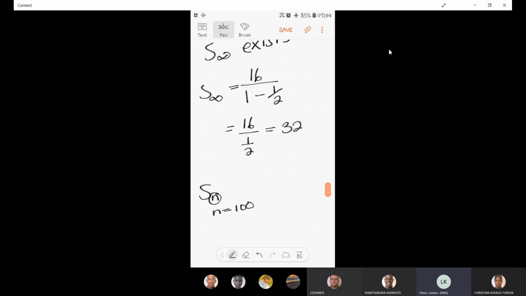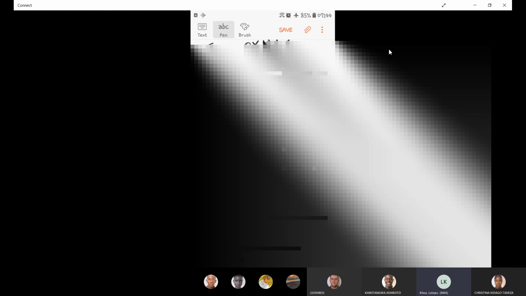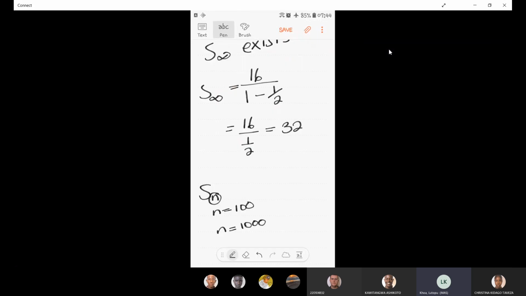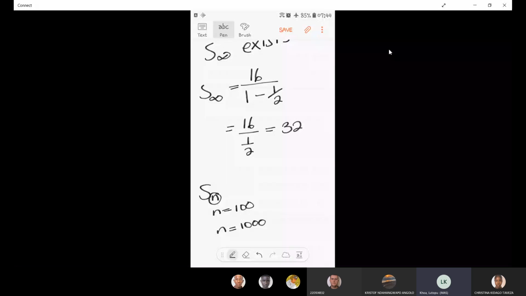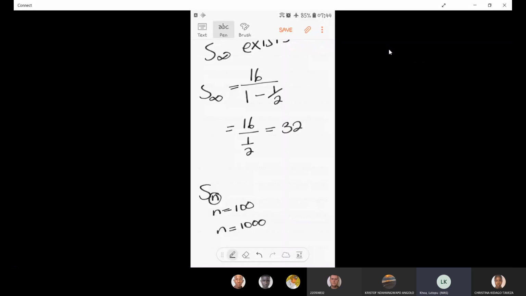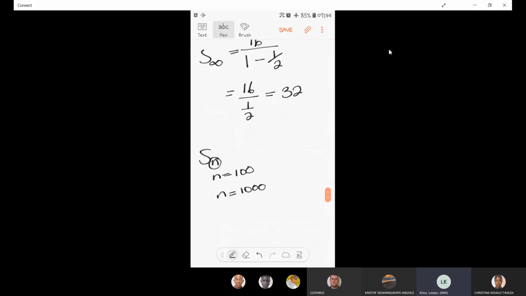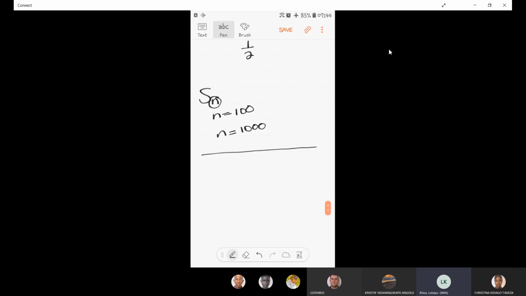You can see it is maybe 31 point something. You go n equals 1,000. You know the formula for that. You will see it's 31.96 maybe, then the bigger your number is, the closer it is to 32. So this is your check.